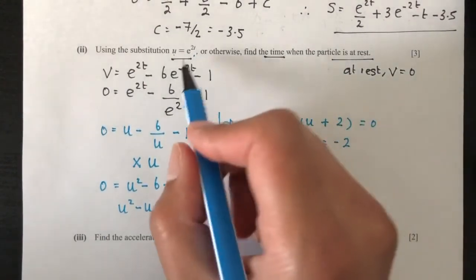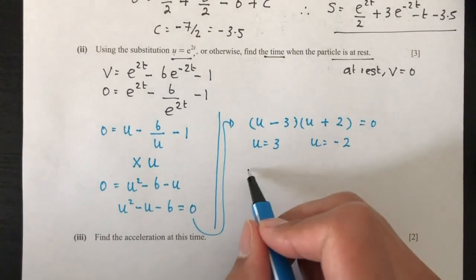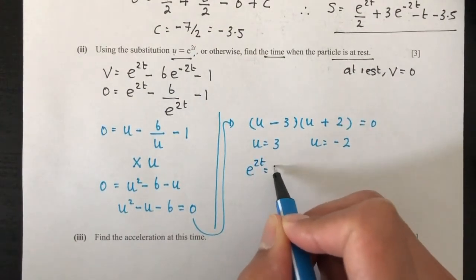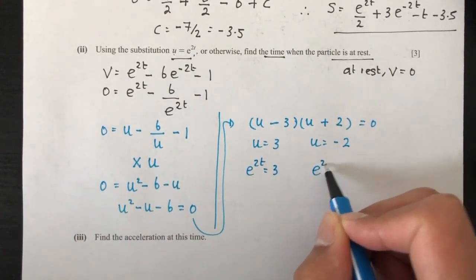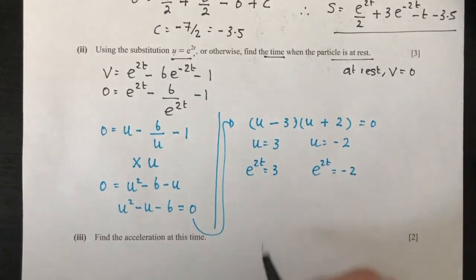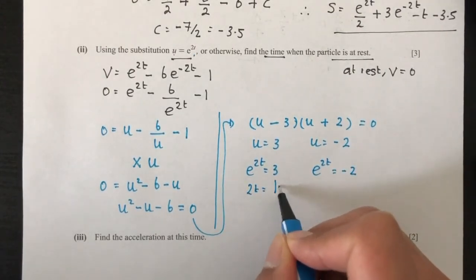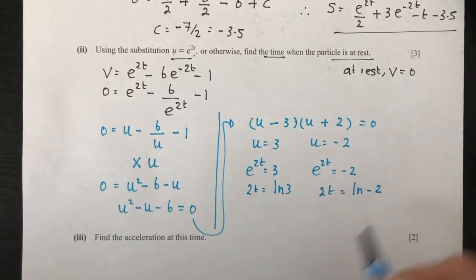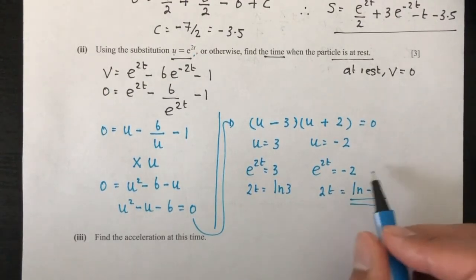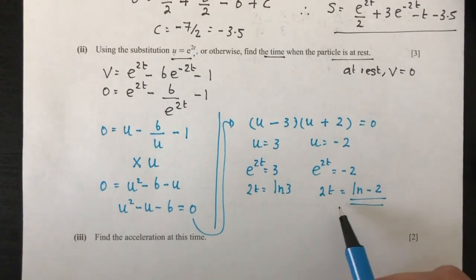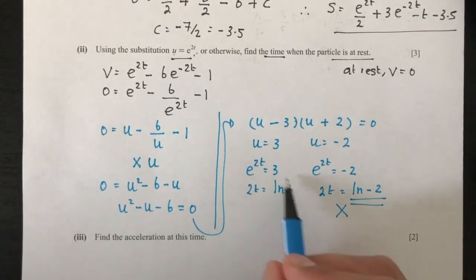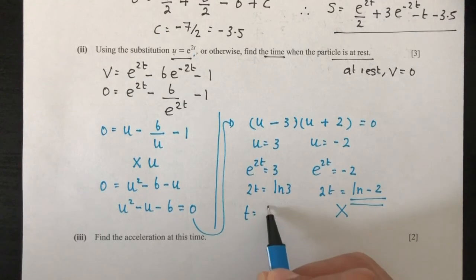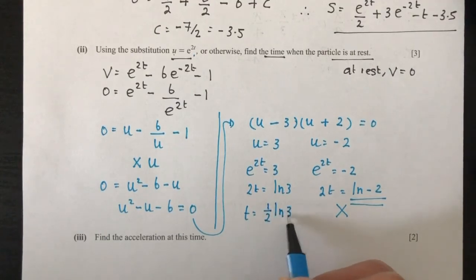Now u, we have to use this one. u is e^2t equal to 3 and e^2t equal to minus 2. So 2t is ln 3 and 2t is ln of minus 2. Now ln of minus 2 is not possible because ln cannot take negative values, so this will not be possible. So we have to continue with this one. t will be half of ln 3.